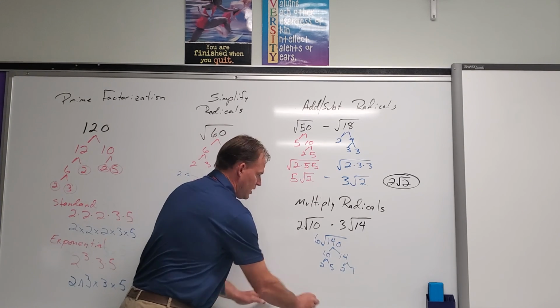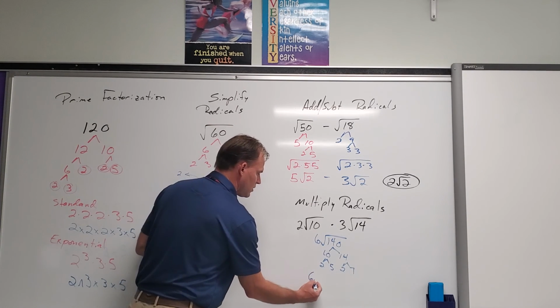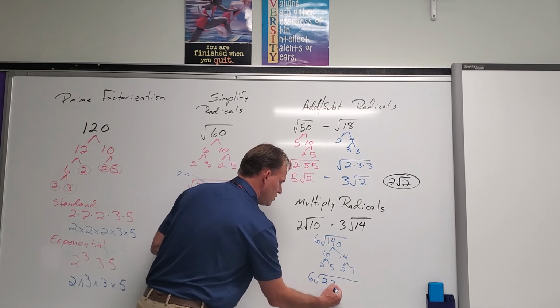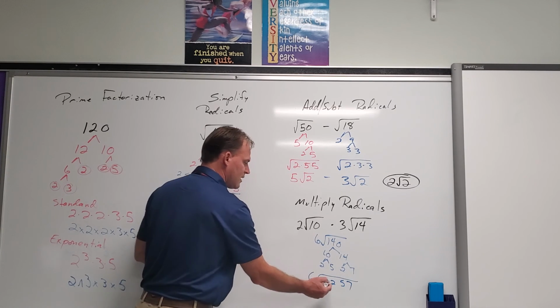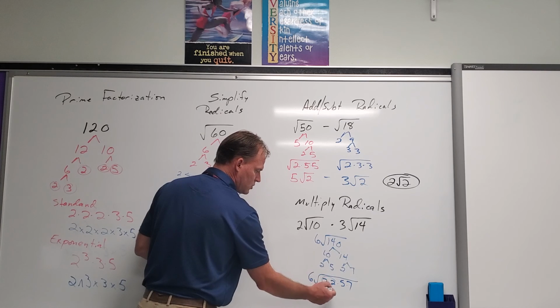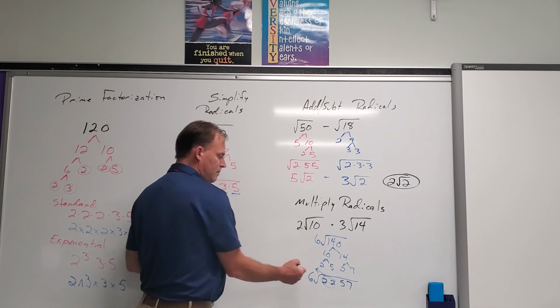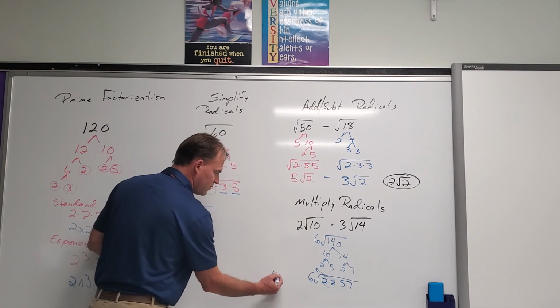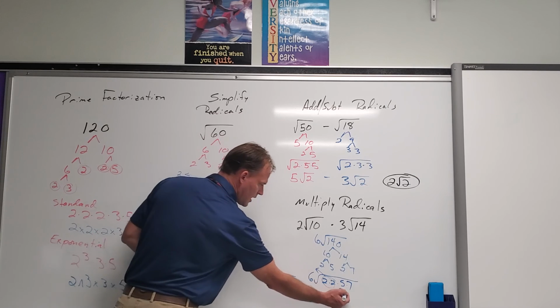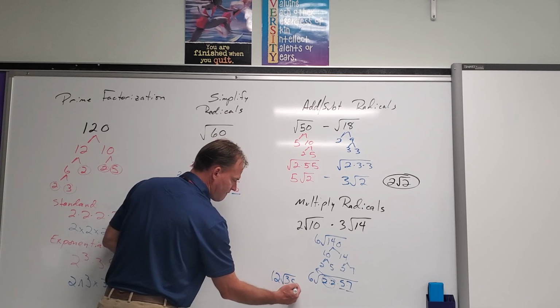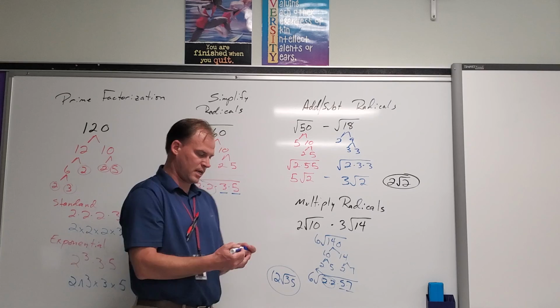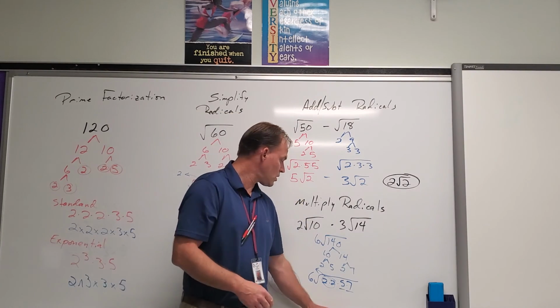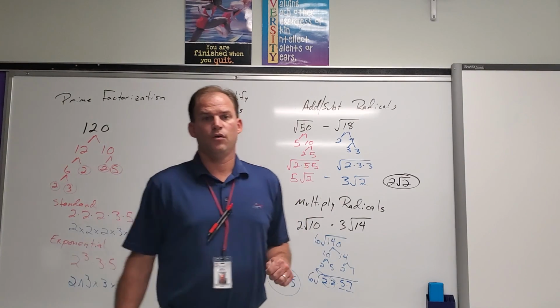So that gives me 6 on the outside, 2, 2, 5, 7. 2 come out, meet up with the 6, it's already out there, to give me 12 on the outside, 35 inside. So 4 topics you need to know for your quiz tomorrow.